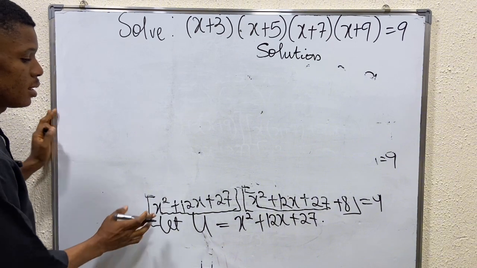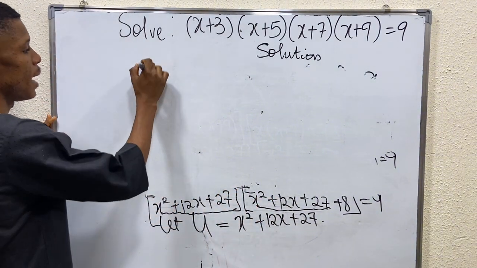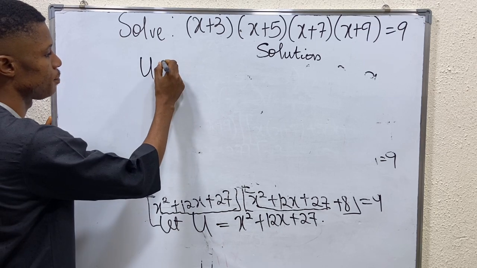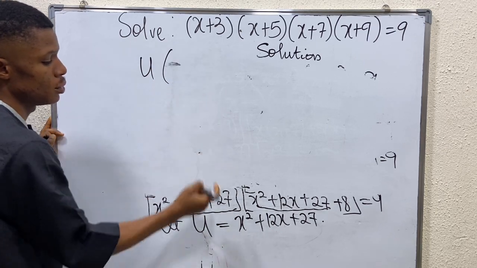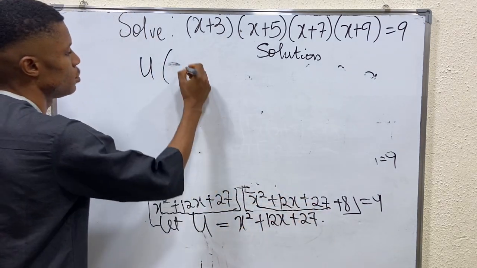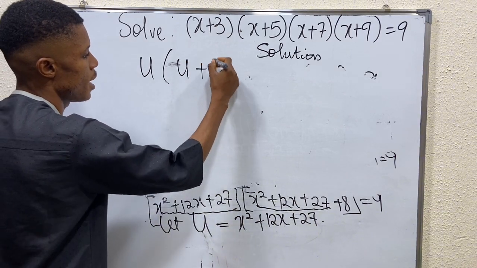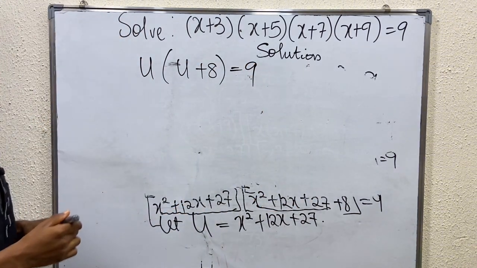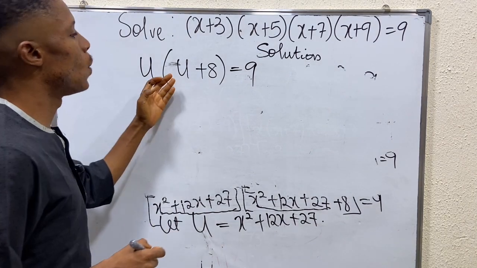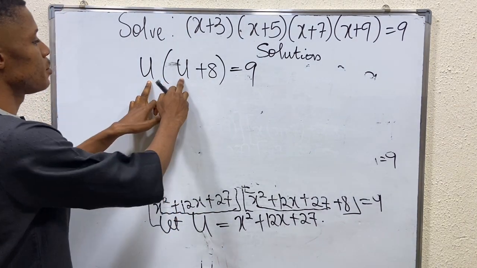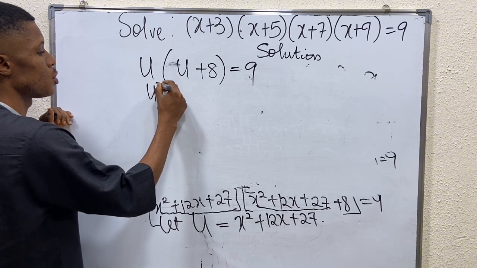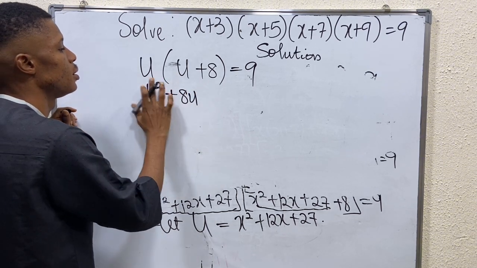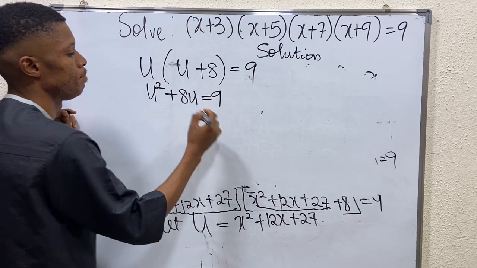Since we have this function, it means that the first bracket is u and the second is u plus 8, and this equals 9. The next thing we have to do is to open up the bracket. u times u is u squared. u times 8 is plus 8u, and this equals 9.